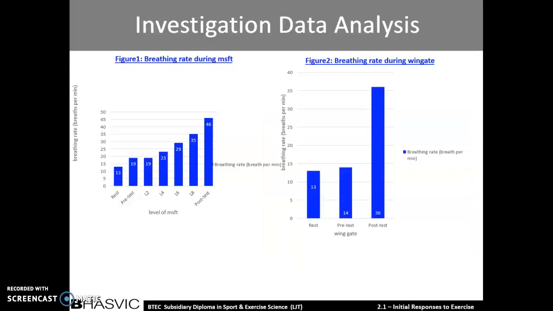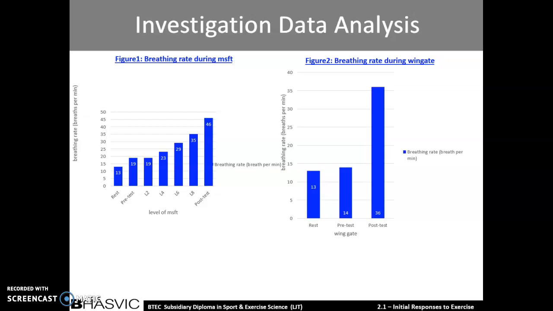Moving on to my investigation data analysis. When exercising, the body needs more oxygen, so there is an increased blood flow as there is an increased demand. The heart rate in the multi-stage fitness test is an example of this, as rest is around 13 and it increases to about 46.